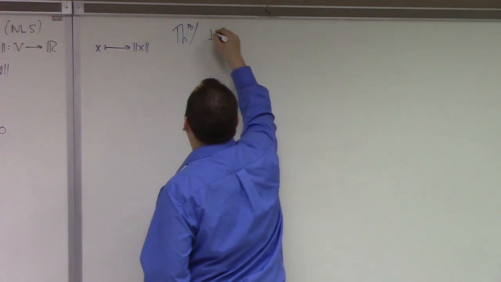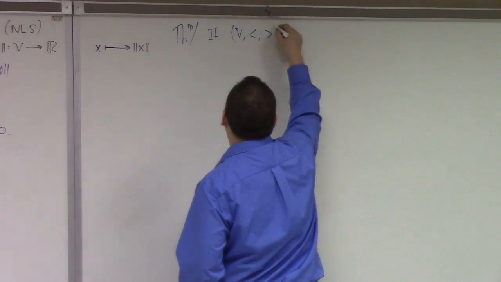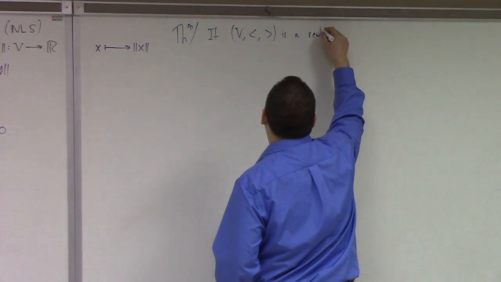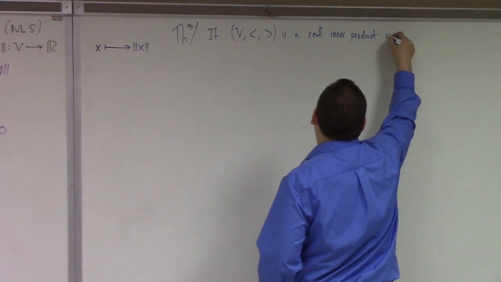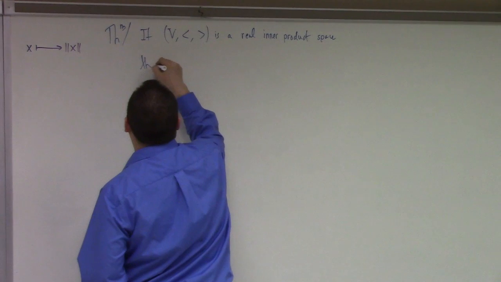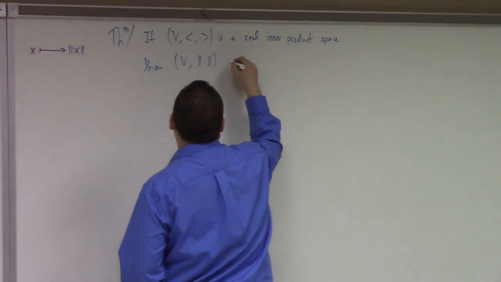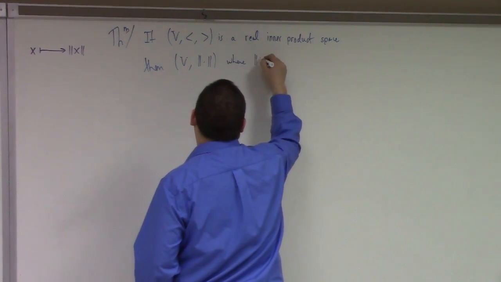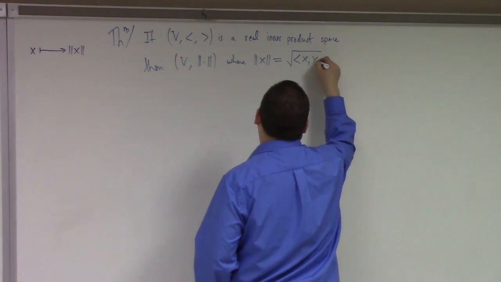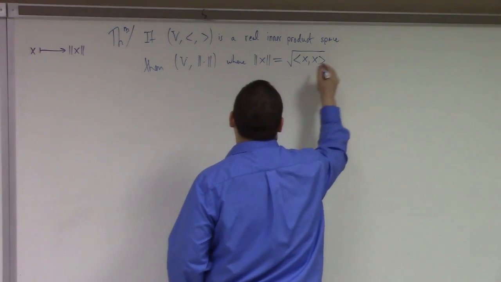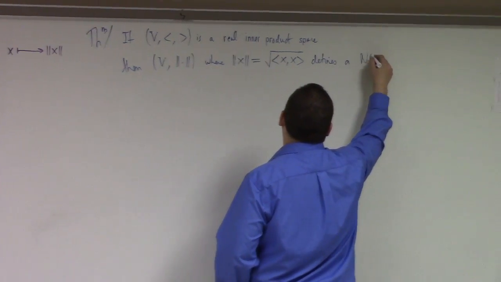So theorem: if V paired with the bracket is a real inner product space, then if you take V and pair it with a norm where the norm of x is simply defined to be the square root of the inner product of x with x, then this defines a normed linear space.